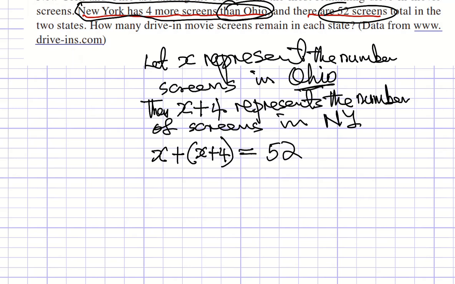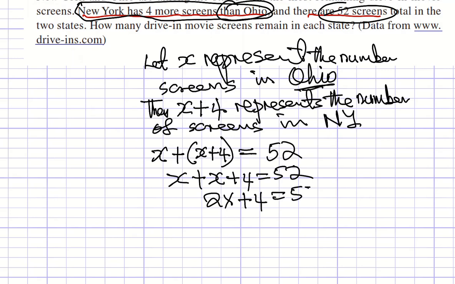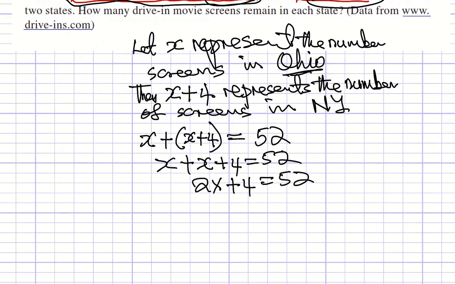So you start by removing the bracket: X plus X plus 4 is equal to 52, and then 2X plus 4 is equal to 52. You see that, right?